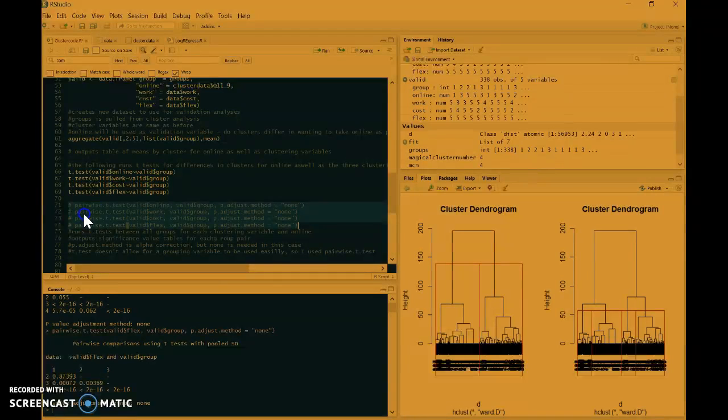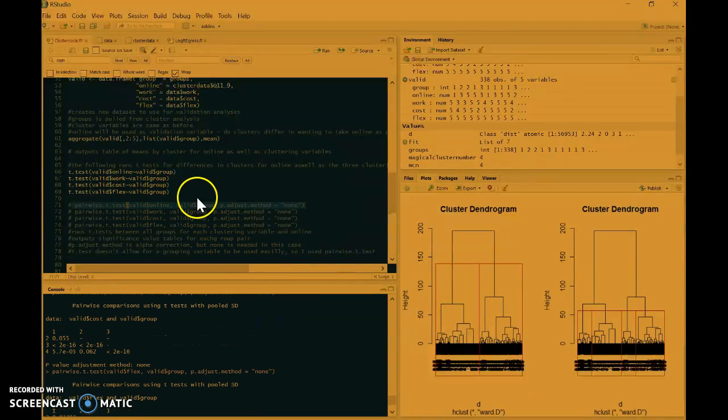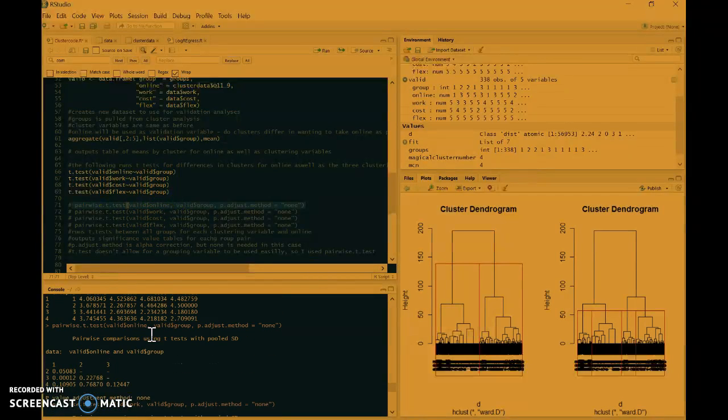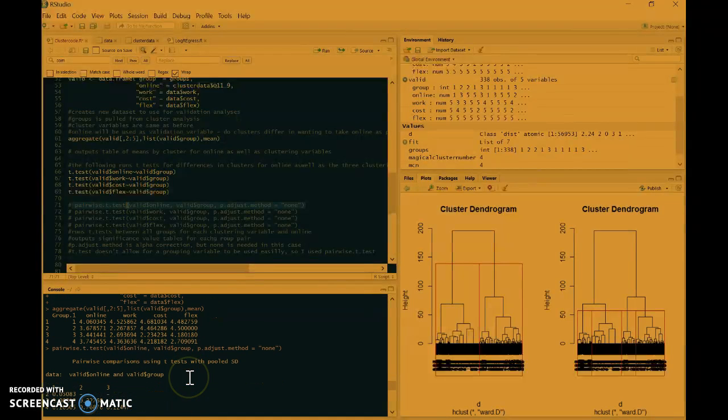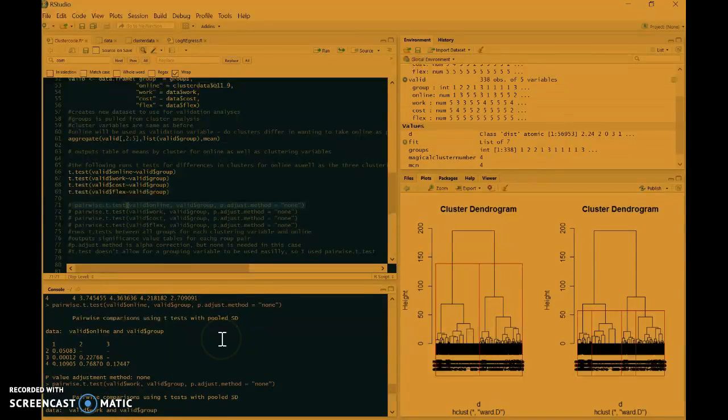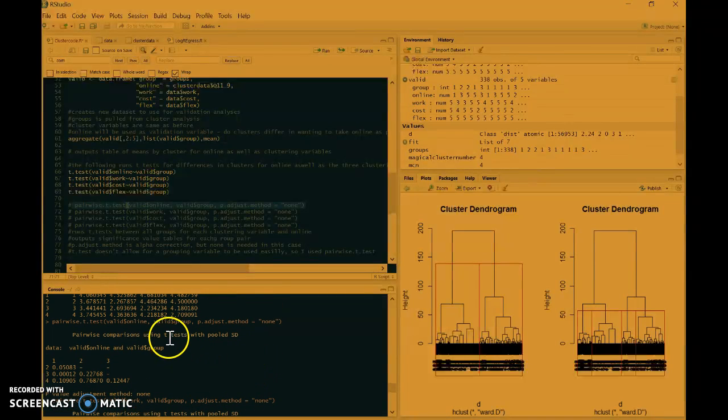What these do is run pairwise t-tests. So they're just going to pop out significance values for each pair of groups for each grouping variable and for online. So we can just refer to the means in this table up here. Really what I'm interested in is online.